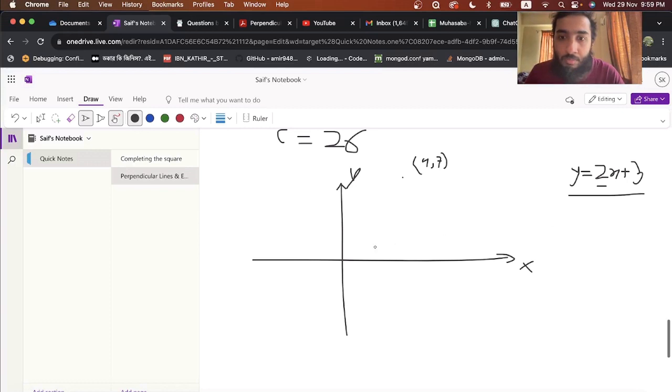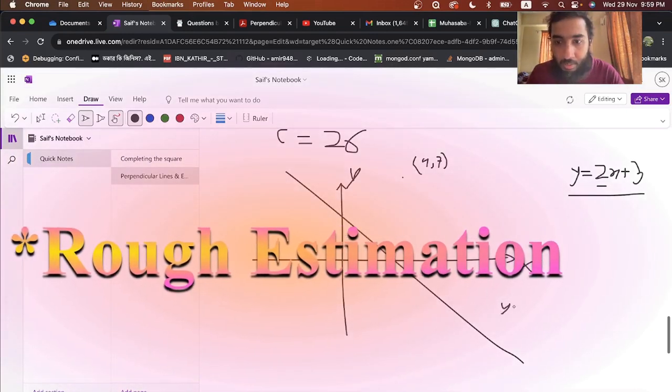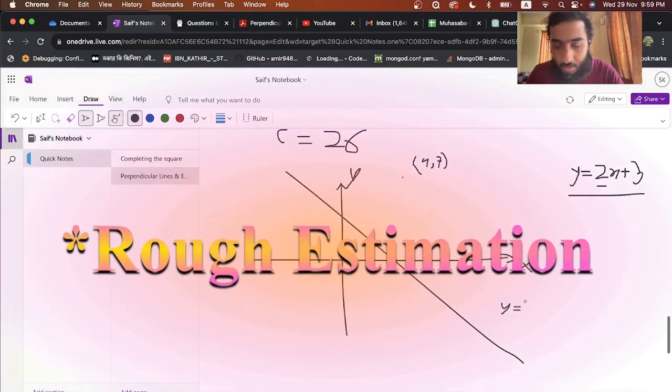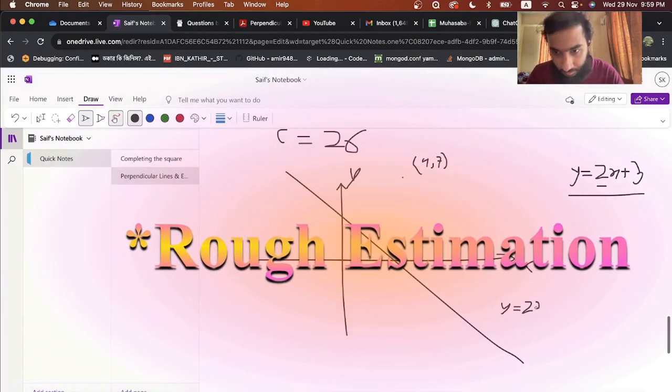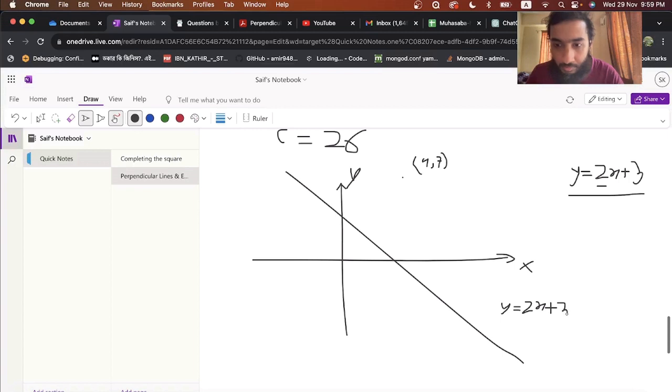Let's say the line is something like this, the equation y equals 2x plus 3.